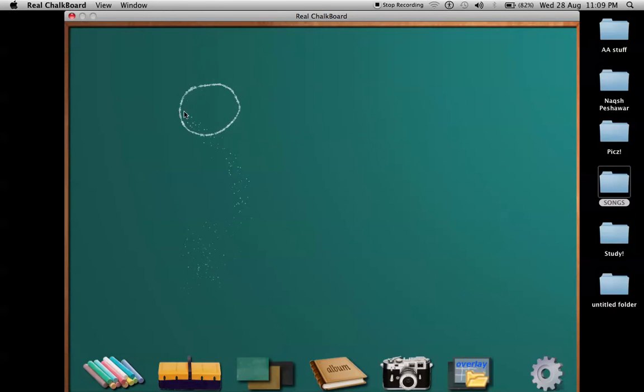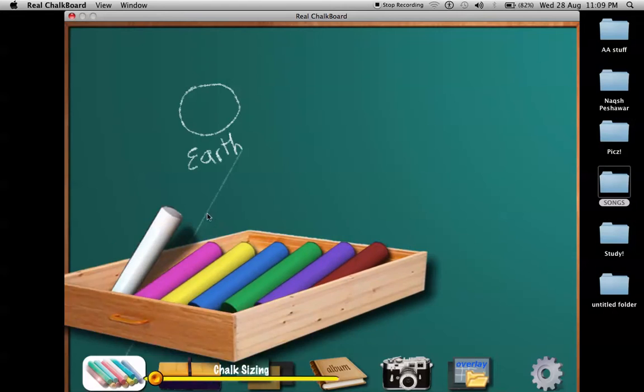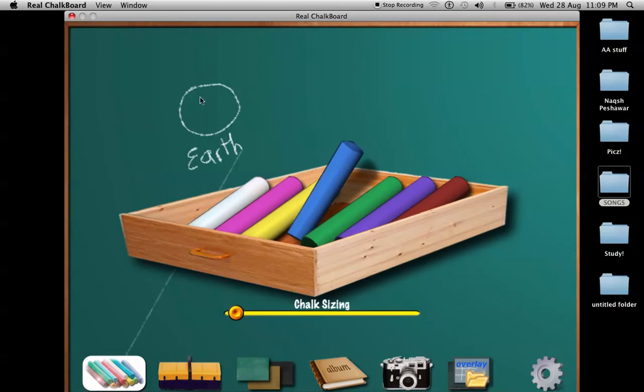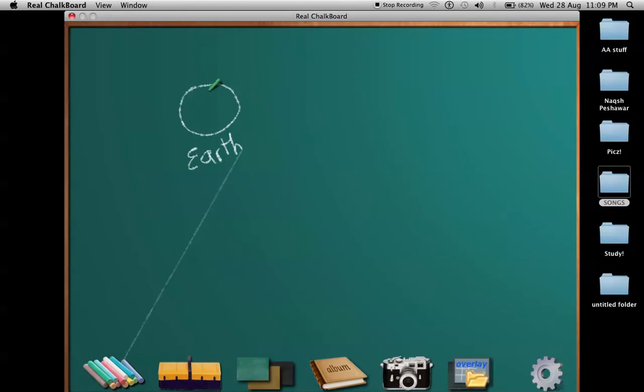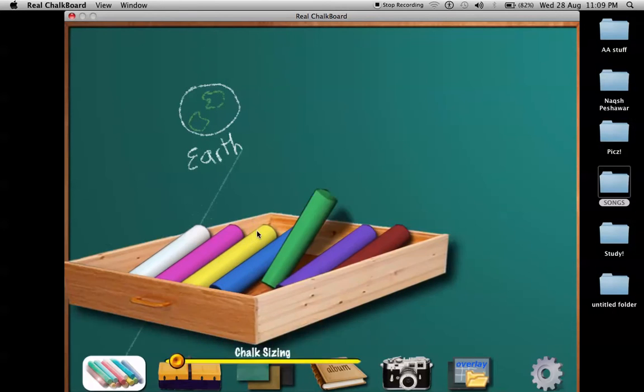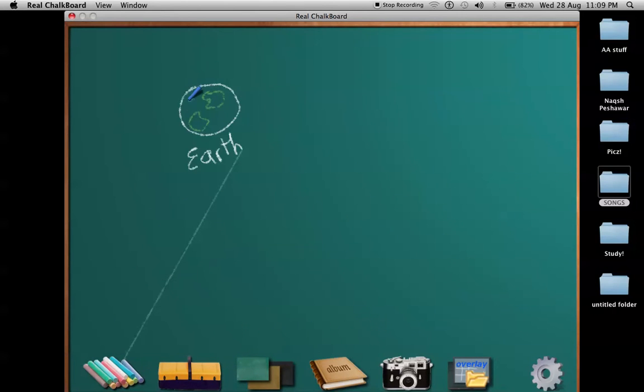Let's see, this is the Earth, let's say. And as you know, these are the patches here, and about 70% of the Earth is water.